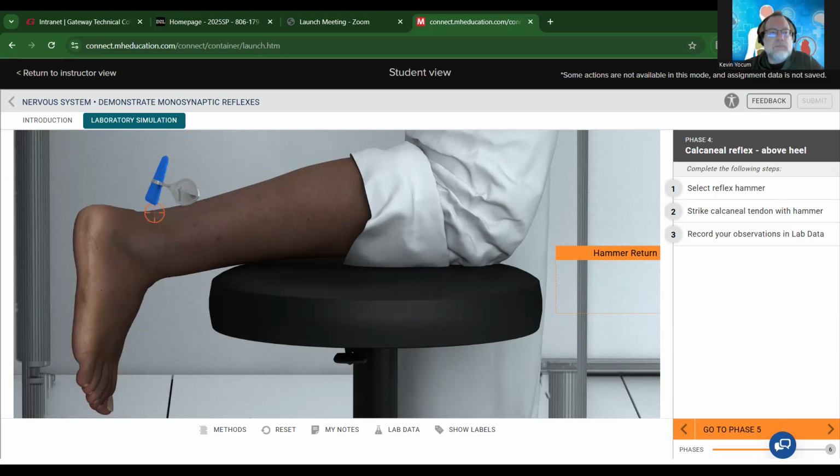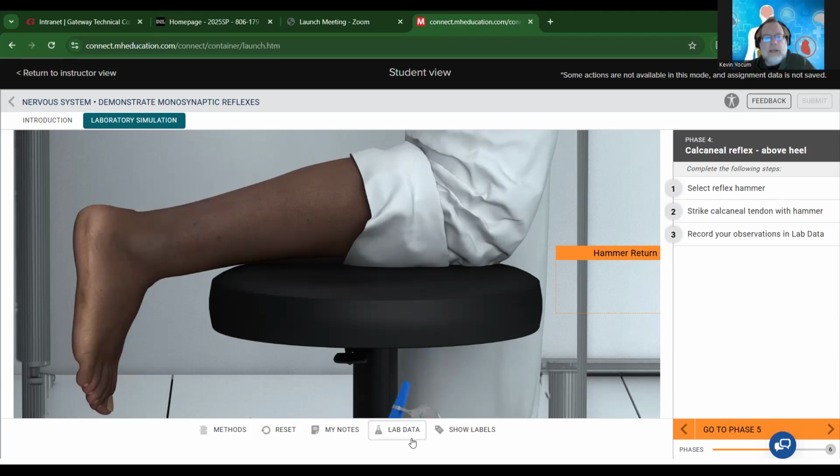So again, if I hit it up here, nothing's going to happen. If I hit it down here, nothing's going to happen. I got to get that tendon. And remember, that's called the Achilles tendon. There we go. So notice when I hit that, he goes into a position of kind of like pointing his toes away from his body, kind of like standing on his tiptoes.